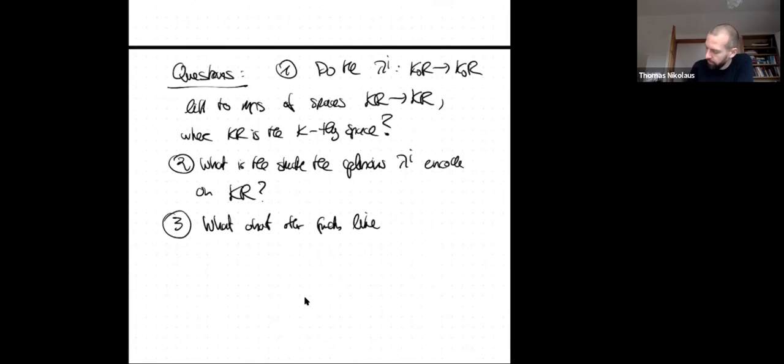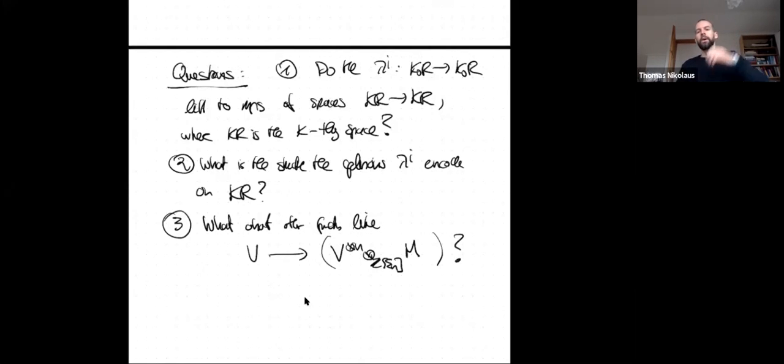For example, any functor which has the form V goes to the n-fold tensor product of V, and maybe you could take a quotient by a symmetric group with some symmetric group module M, like Schur functors. Do they also induce maps on K-theory? And how do I know that a functor induces a map on K-theory? That is maybe the main question I want to talk about. Okay, so that was the motivation and questions for my talk today.